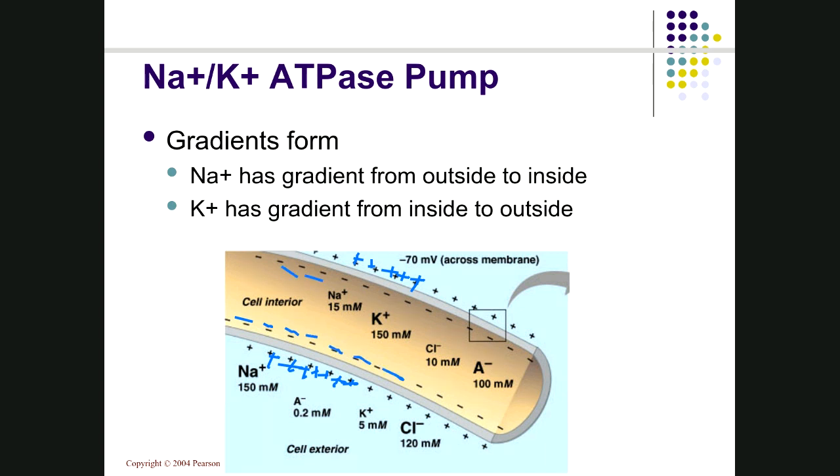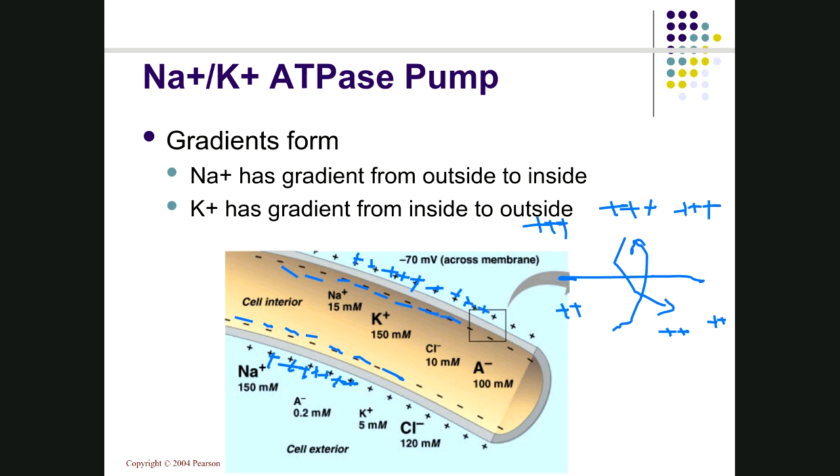Because remember, every time this pump pumps, I pump 3 positives out, and I only bring back in 2 positives. 3 positives out, 2 positives in. And so look, the outside becomes more positive, and the inside becomes less positive or more negative.